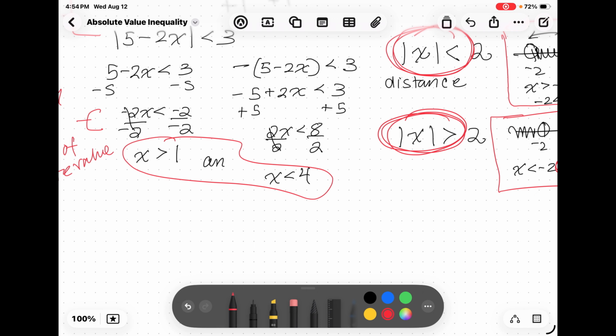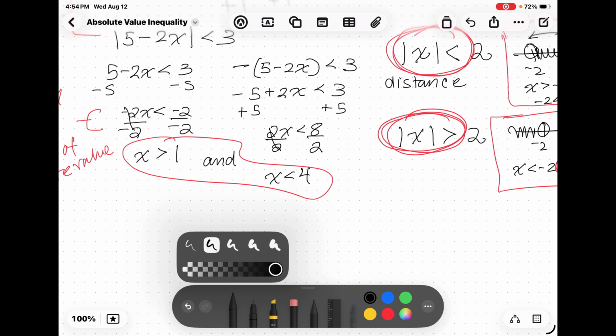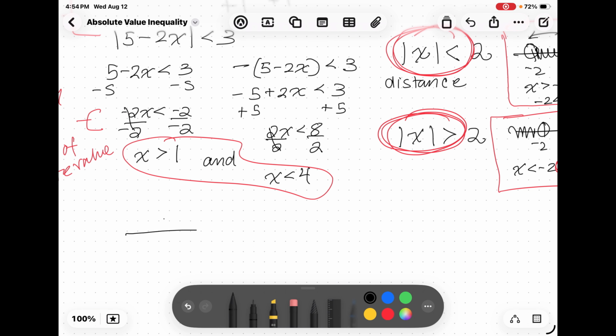Graphically, I would need x to be greater than 1 and less than 4.